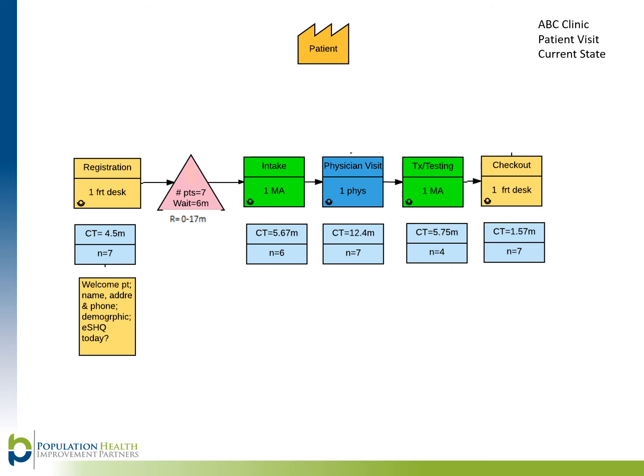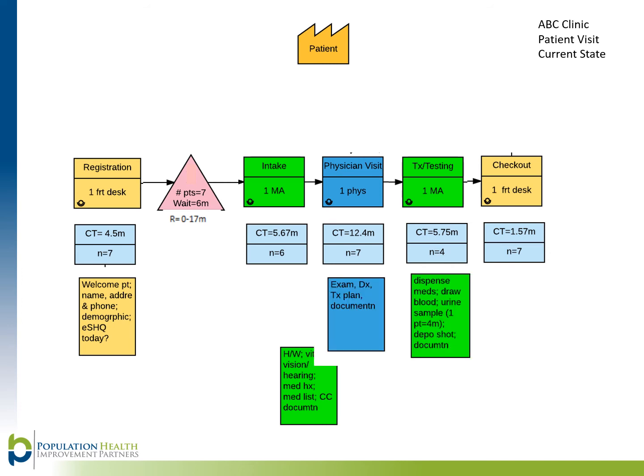We add the detail to each process step, matching the Post-it color with the main process box. We now have the major process steps, the detailed process pieces, and related data on the map.